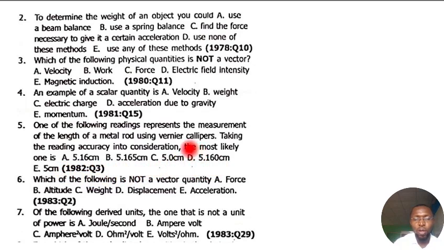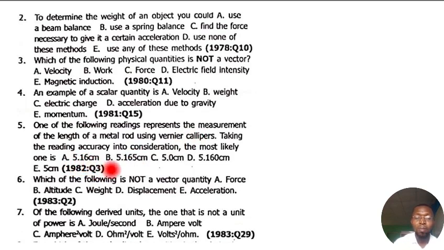The secret here is that a vernier caliper, as an instrument, always allows you to measure your object and leave your answer in two decimal places. So among all of these options, check the one that has two decimal places. Option A has 5.16. Whenever it is a vernier caliper, you know that your answer should be in two decimal places.